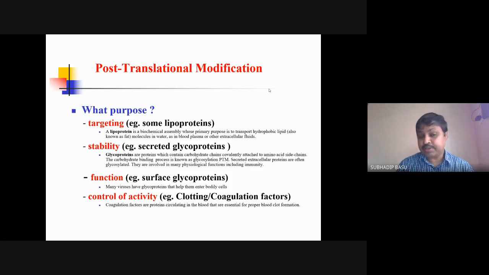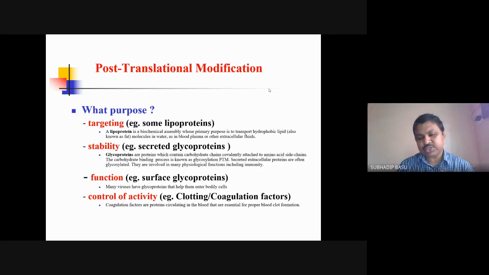For example, we have seen that in the case of COVID, we have the anchors for SARS-CoV-2, and they anchor with certain proteins of ours and enter into the body cells.